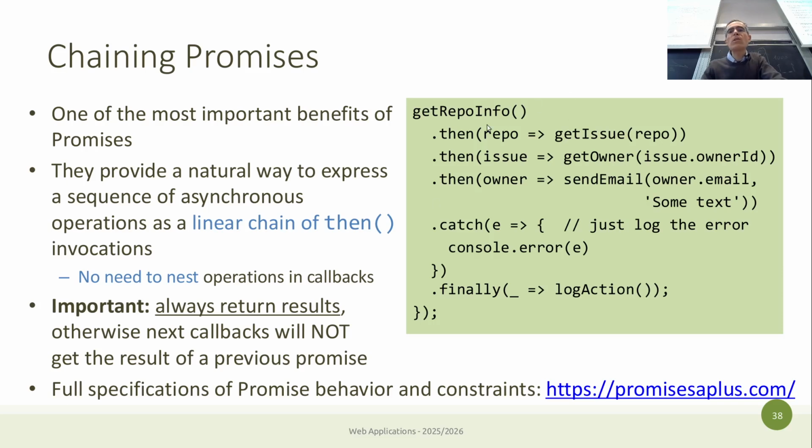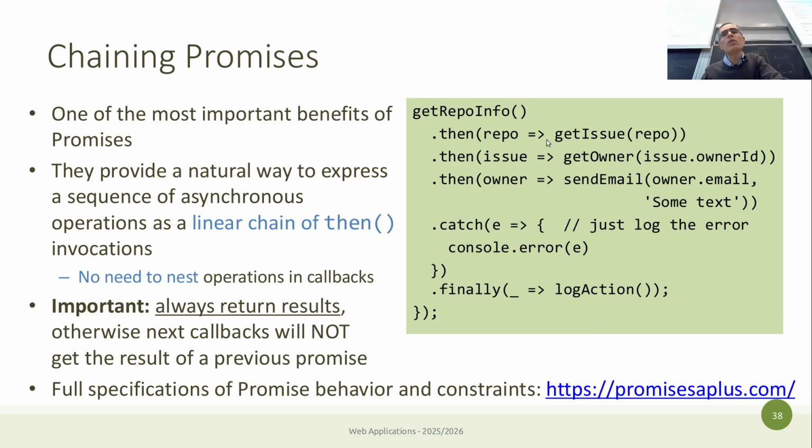promise. Because the default behavior of then, catch, and so on, is to take the result of the callback and put it as the value of the fulfilled promise. If you don't return anything, you have nothing, right? You have undefined, and then the next callbacks expect a value from the fulfilled promise, but they get undefined, and so basically they don't work.